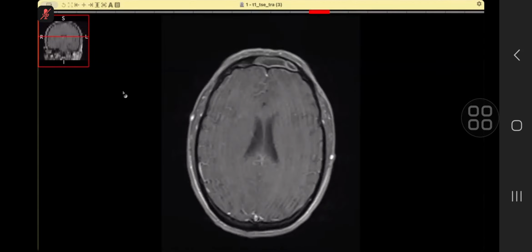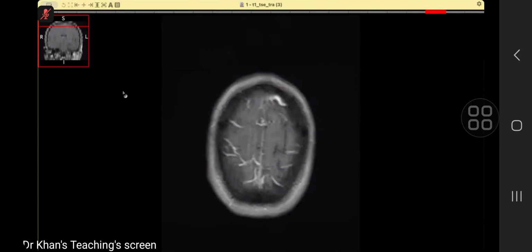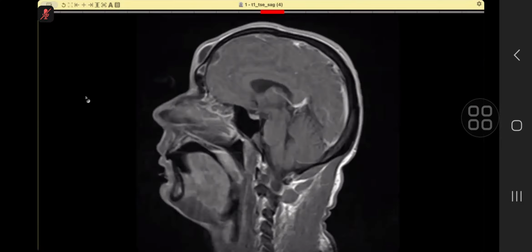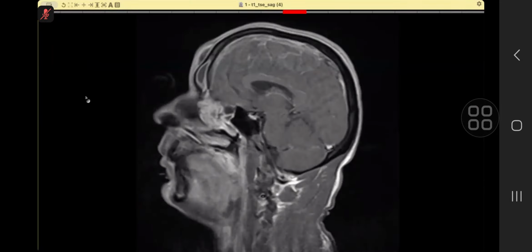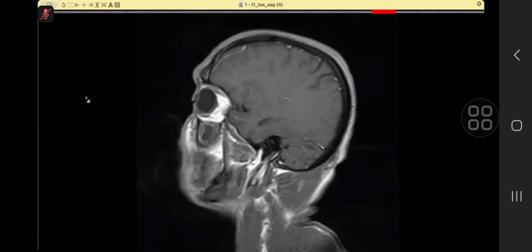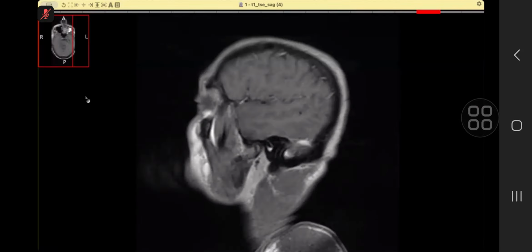Any other sequence you want to see? Can I see the sagittal cuts? Yeah. Okay.